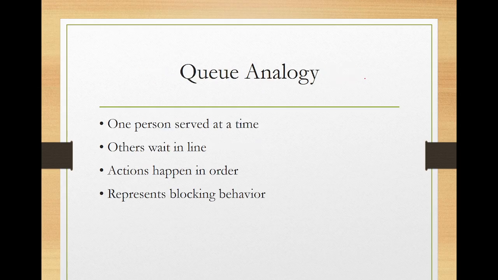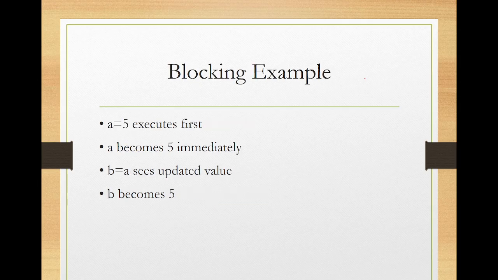Imagine you are standing in a college canteen. There is one cashier, 10 students, only one student can order at a time. Everyone else waits. This is exactly how blocking assignments behave. One statement finishes, then the next statement starts. Everything happens in order, simple, predictable, and sequential. Let's see an example.